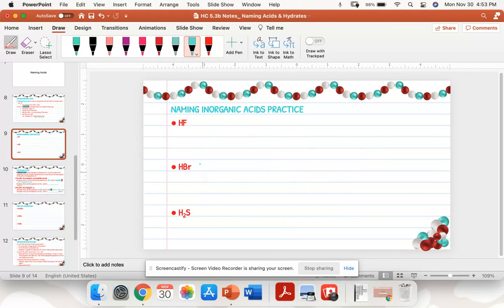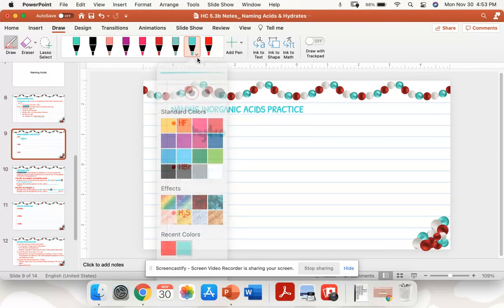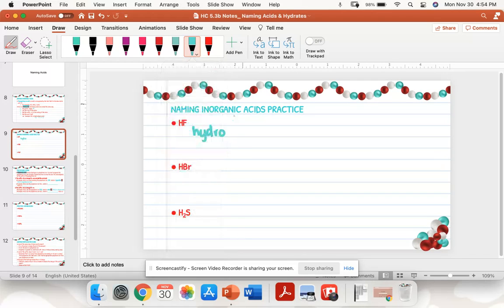All right. So we have HF. So this will start with hydro. This is a big marker. F is fluorine, but remember we were dropping the ending and adding IC, so it will be fluoric acid.